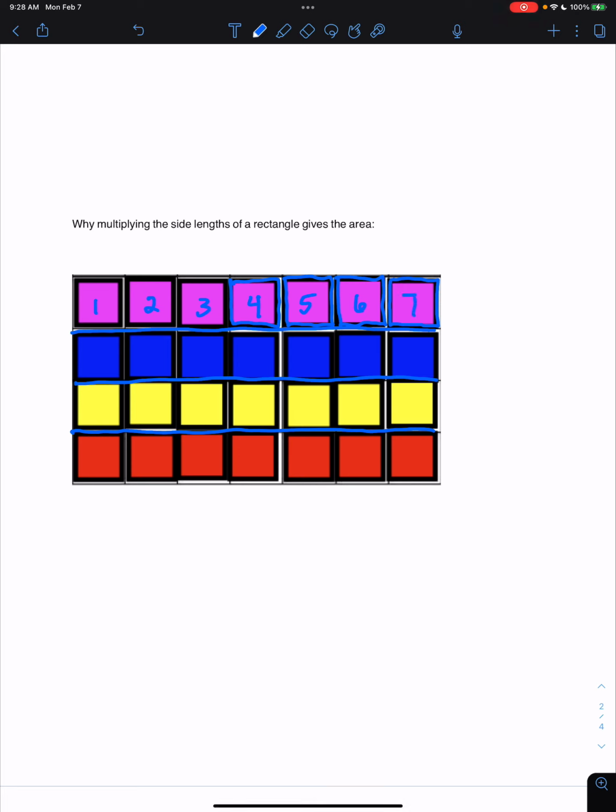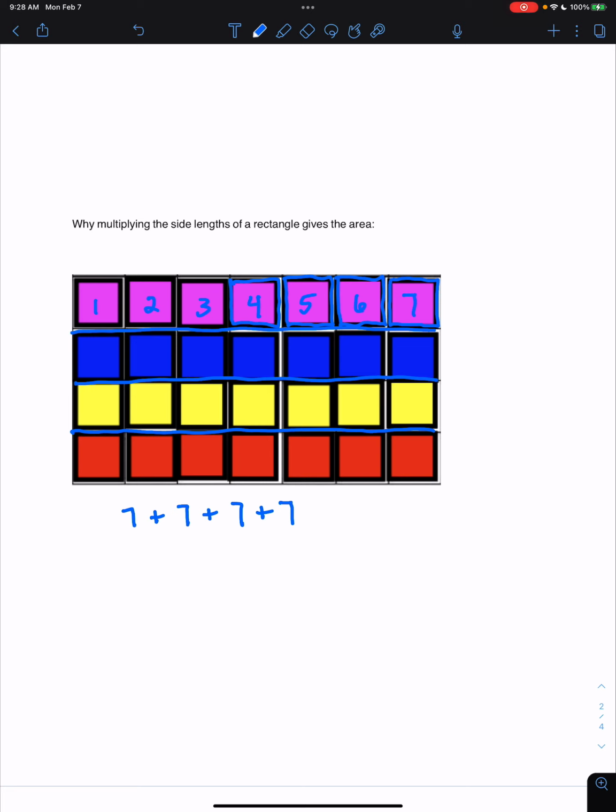So we have 7 square units, and I color-coded them here so you could kind of see the different lines. 7 pink square units, 7 blue square units, 7 yellow square units, and 7 red square units. So we're actually adding 7 square units 4 times.